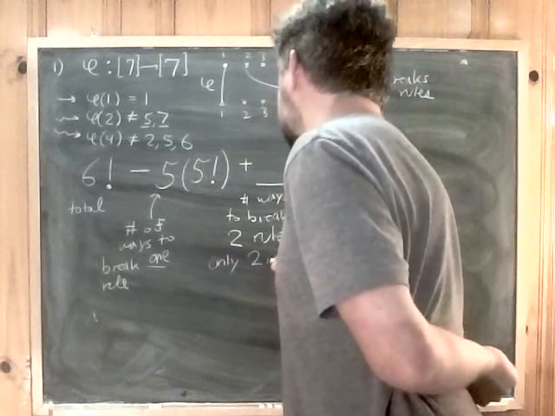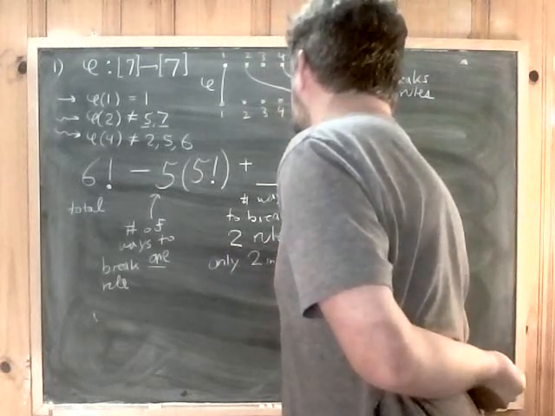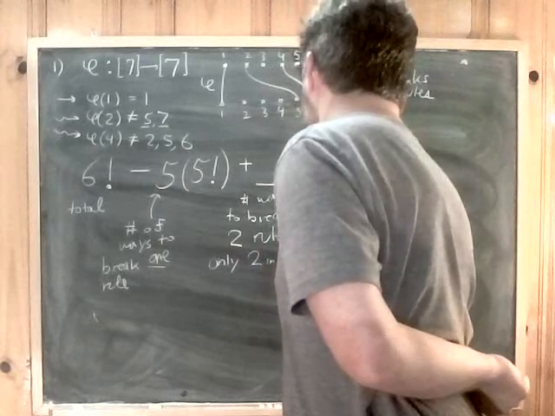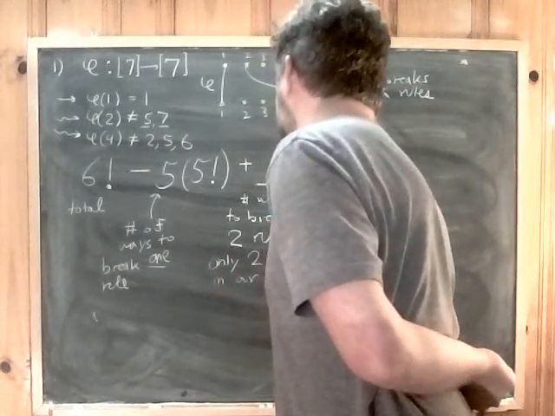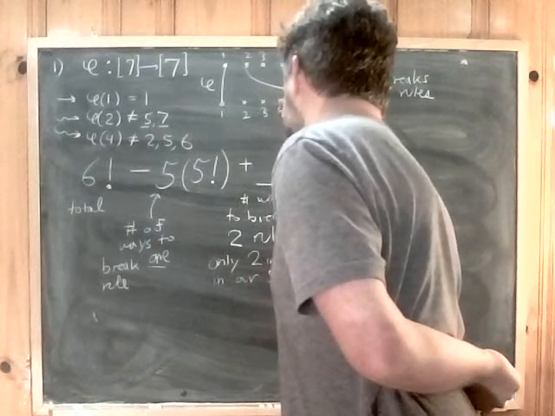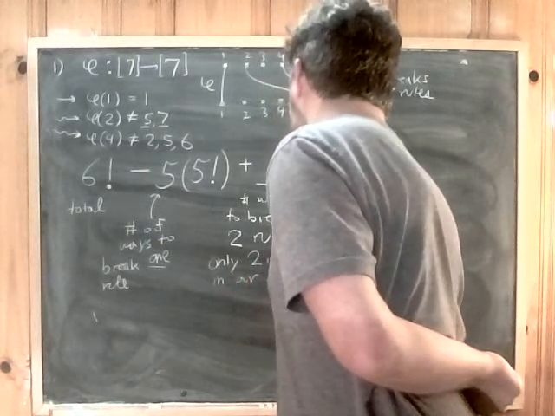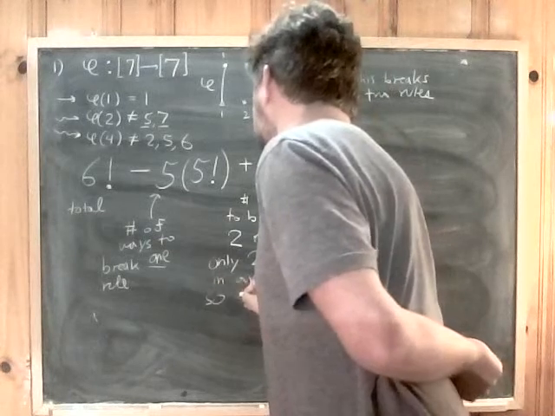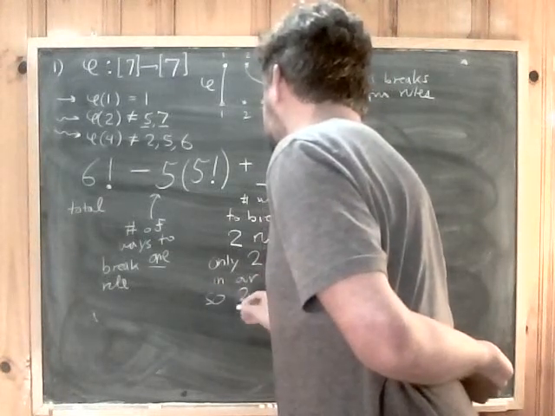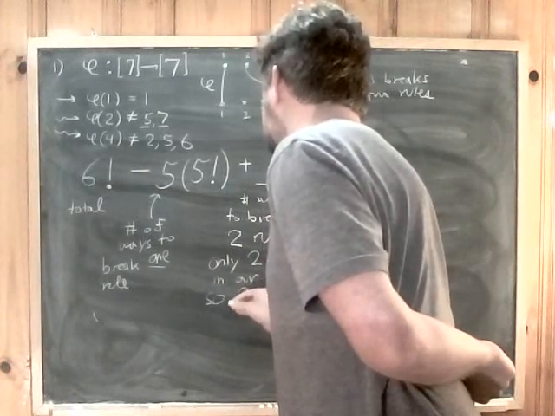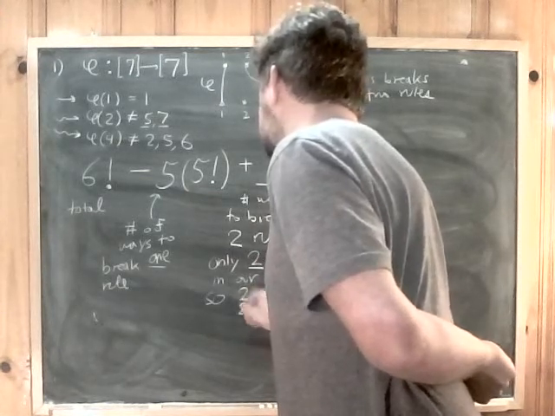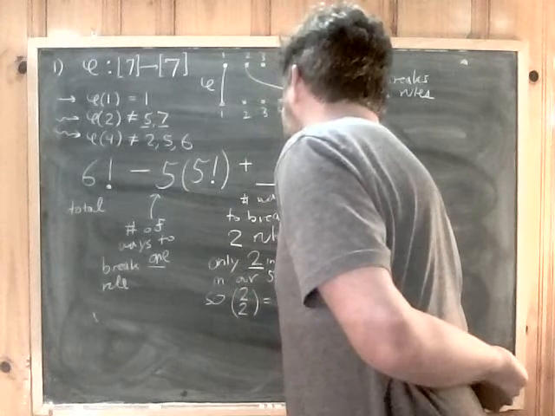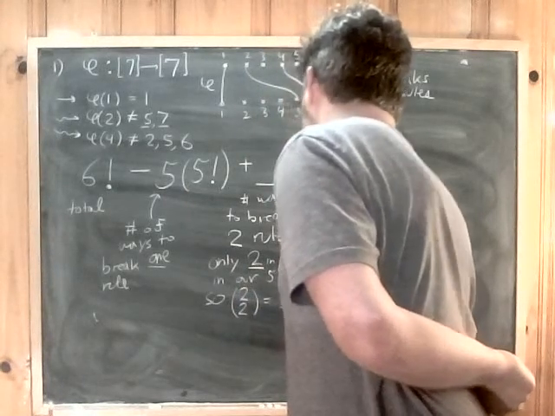Only 2 inputs involved in our 5 total rules. So there's only 2 inputs, and I need 2 choose 2 equals 1 tree to draw.